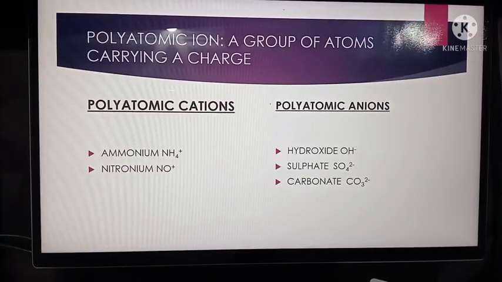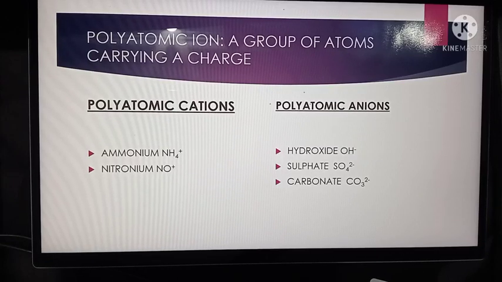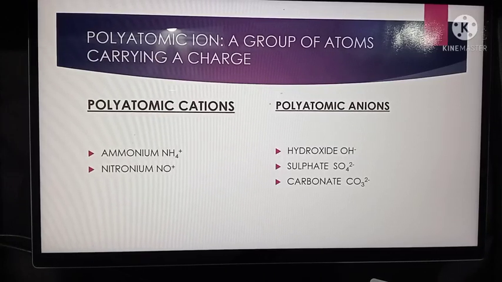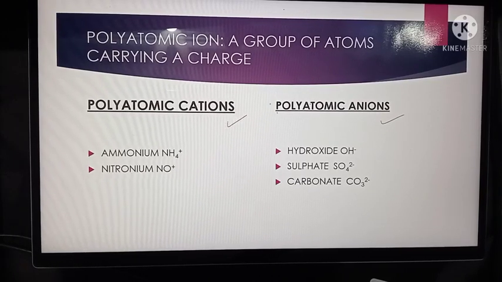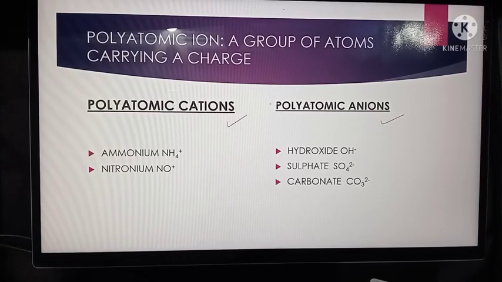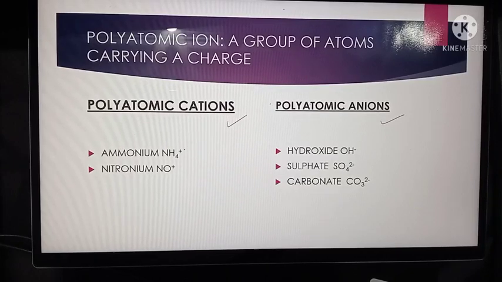So in the last class we remember that we studied polyatomic ions, which are groups of atoms carrying a charge. There are polyatomic cations and polyatomic anions. There is a list of cations and anions given in your NCERT textbook, and these we have to remember. The valencies are given on top as a charge. Say, for example, ammonium has +1.